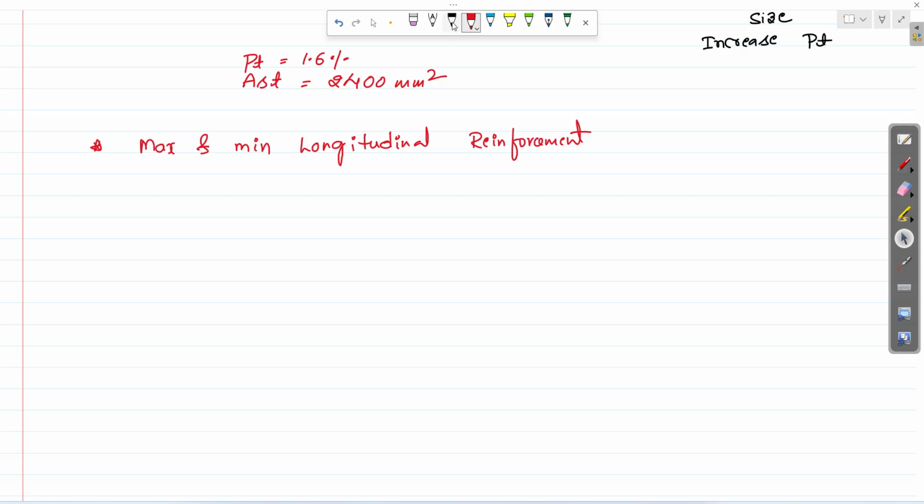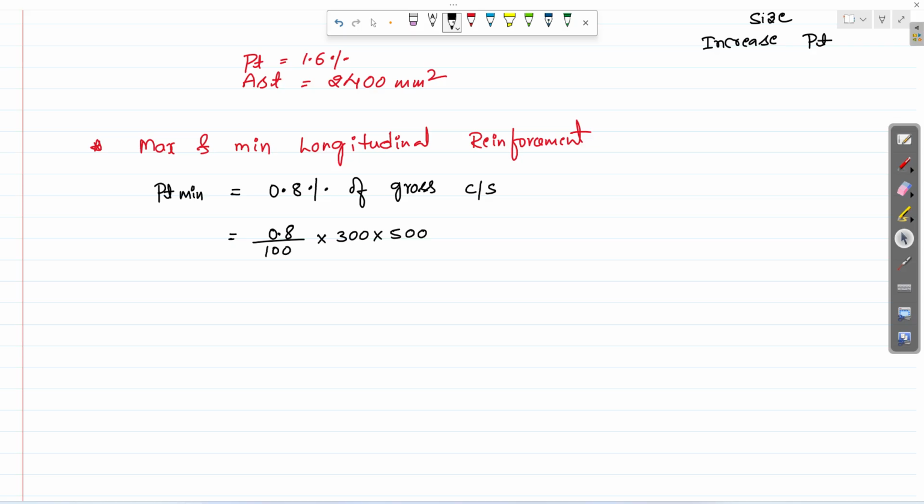Okay. So minimum percentage of steel will be 0.8% of gross cross-sectional area. So which will be 0.8 divided by 100 into 300 into 500.